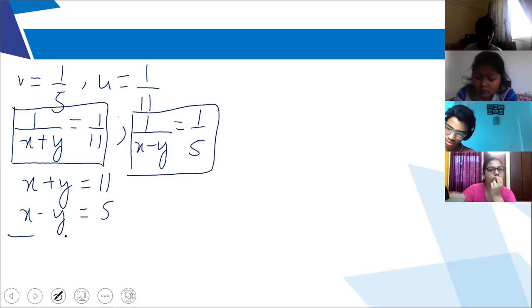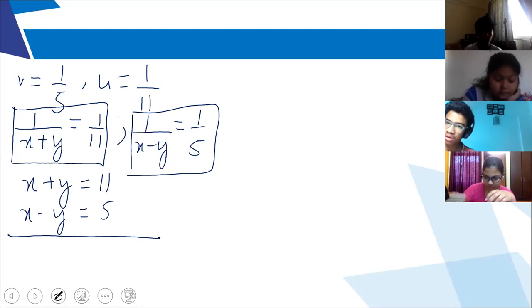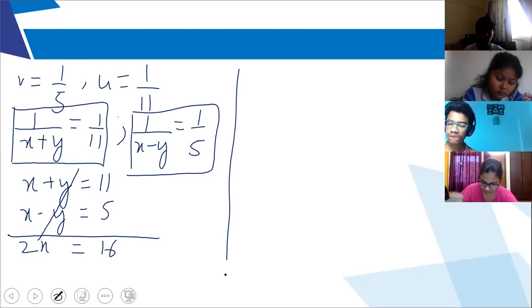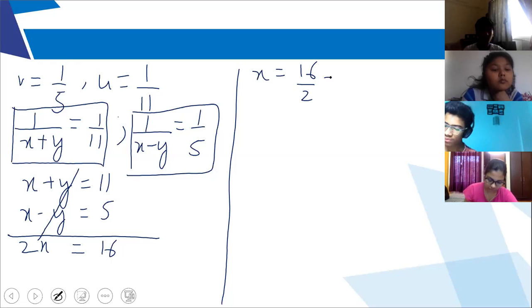So now I'm going to simply add both the equations. Why? Because I have already got plus y and minus y. So if I add, they will simply knock off. So my 2x is equal to 16. So x is equal to 16 by 2, which is 8. Now you put the value in equation, let's say 5.